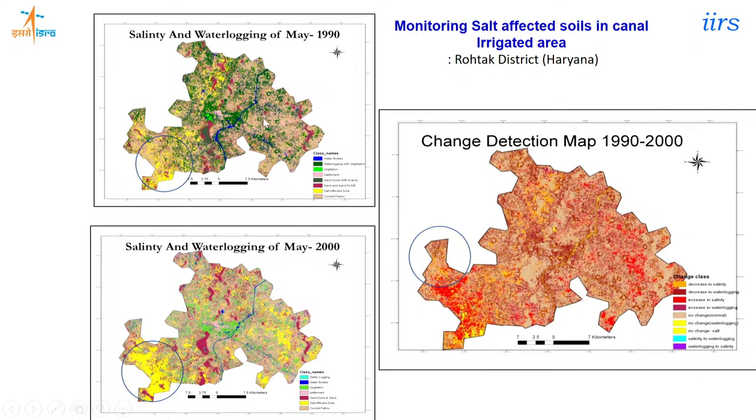So there is an increase in salt affected soils after 10 years. So you can study the change detection, or you can monitor your resources, that is the increase or decrease of salt affected soils, how much and in which direction or in which part of the area.